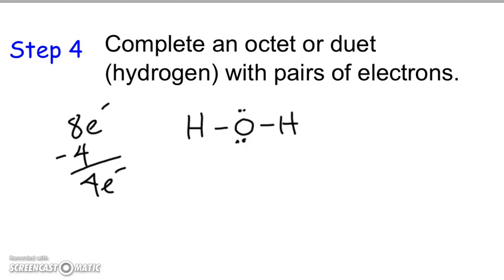So I'm looking at oxygen and saying, this represents 4 pairs of electrons, 8 in total, in order to complete the octet. Oxygen needs 2, 4, 6, 8 electrons, and that is what is around the central atom. Hydrogen only needs 2 electrons in order to be stable.